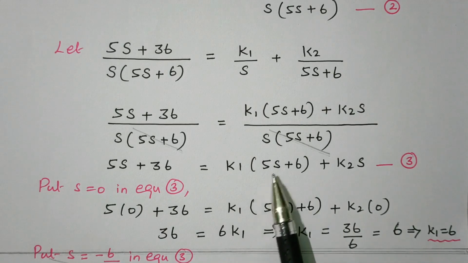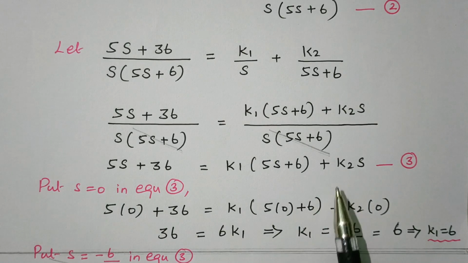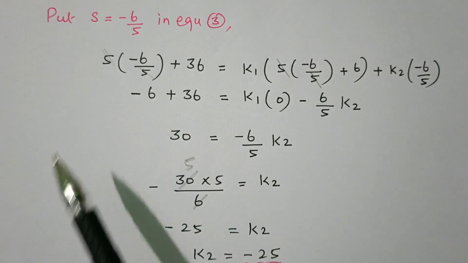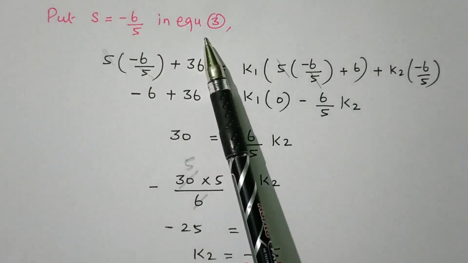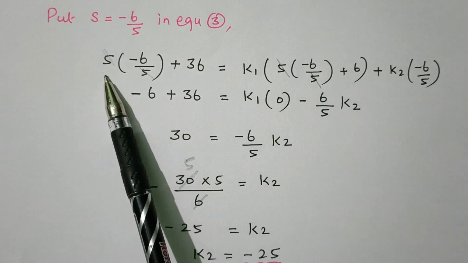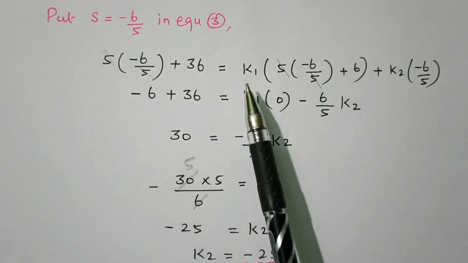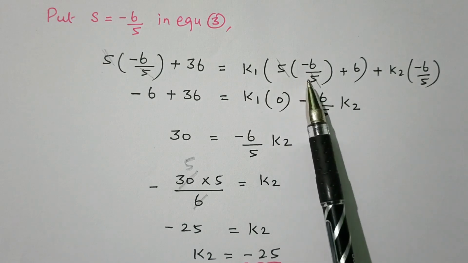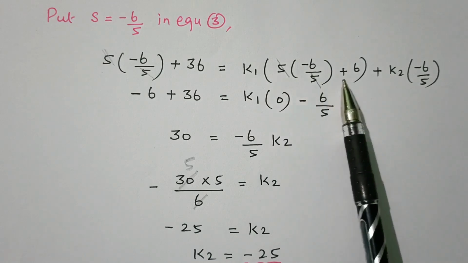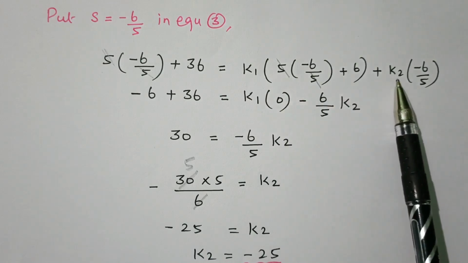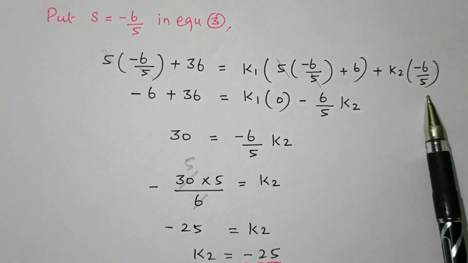Now we'll put s equal to minus 6 by 5 so that we can find the K2 value. So here put s equal to minus 6 by 5 in equation number 3. So 5 into minus 6 by 5 plus 36 equal to K1 into (5 into minus 6 by 5 plus 6) plus K2 into minus 6 by 5.